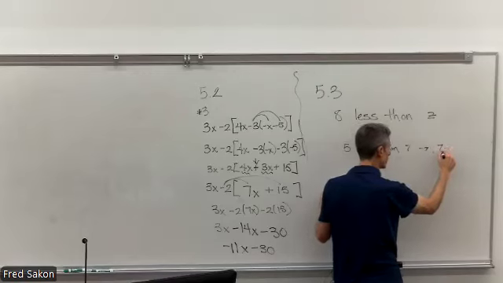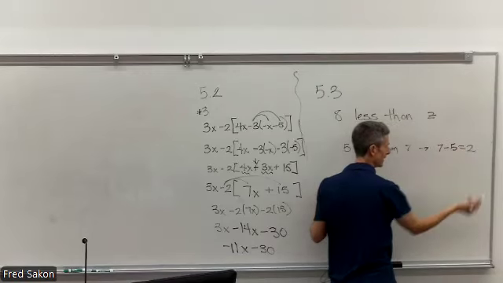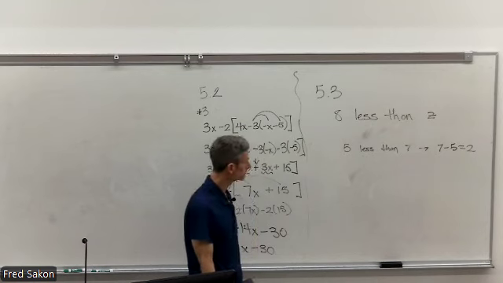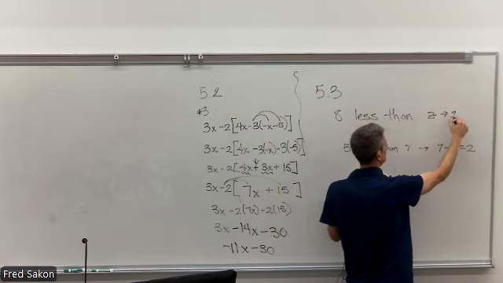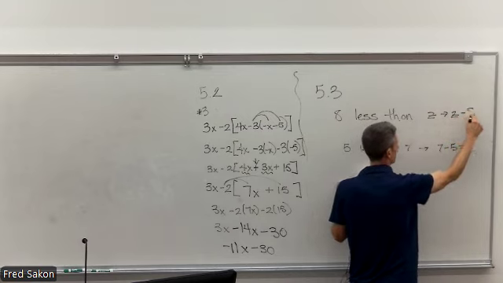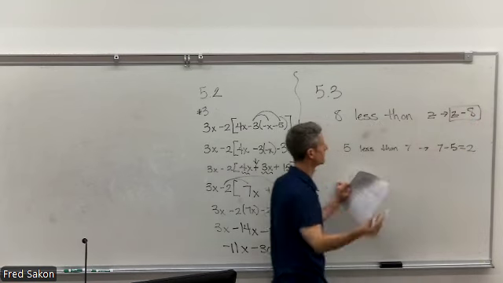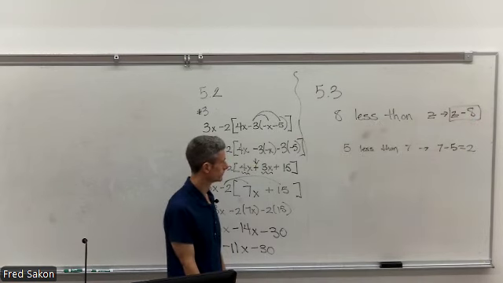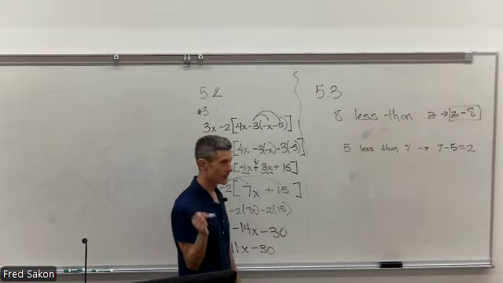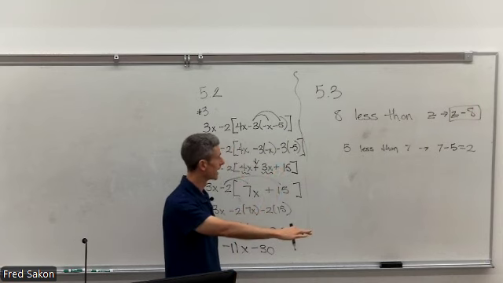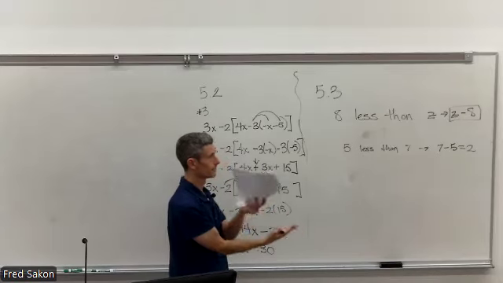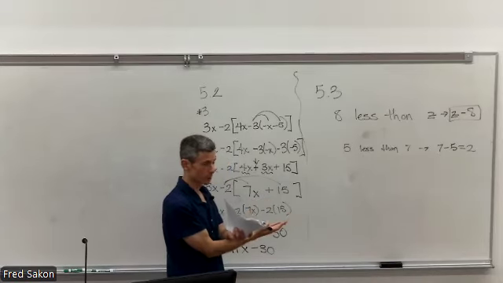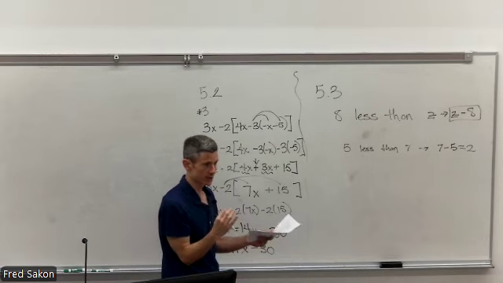So we do this in translating that. So what are we doing here? z minus 8. 8 less than z. So it's not like we just plop a subtraction sign in there if it's worded that way. Less than, you kind of reverse the order and put a subtraction in there.